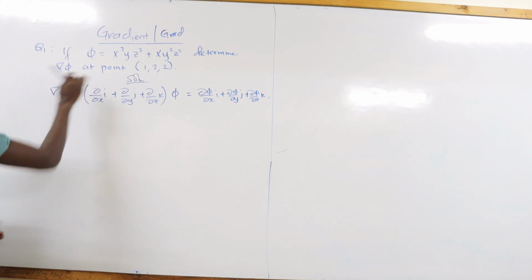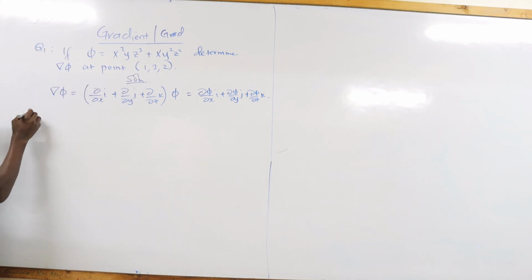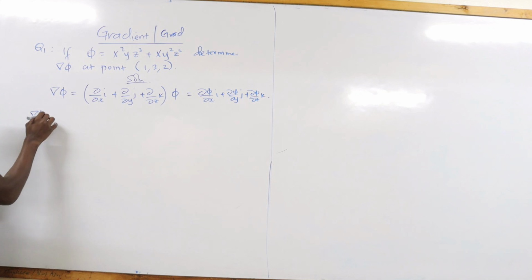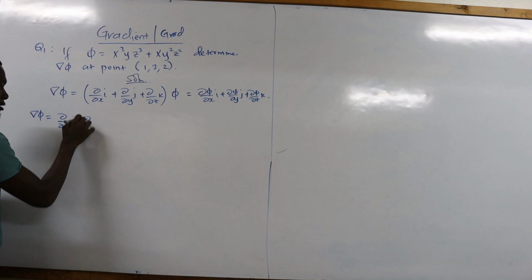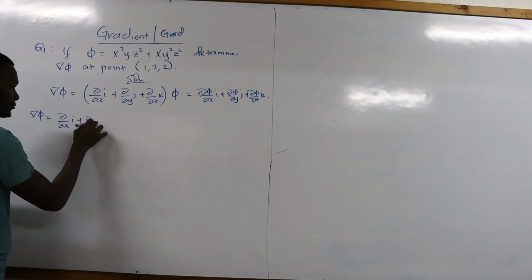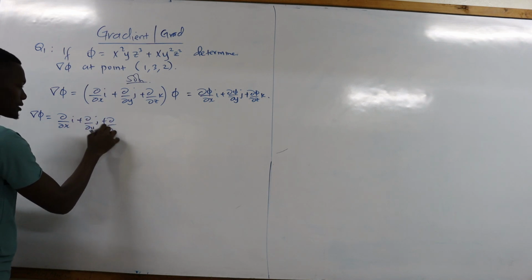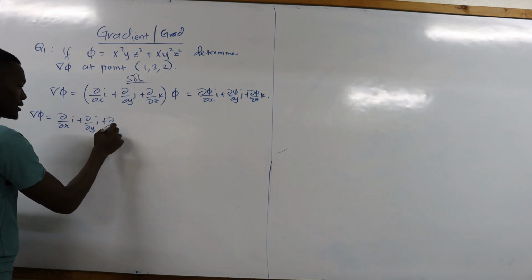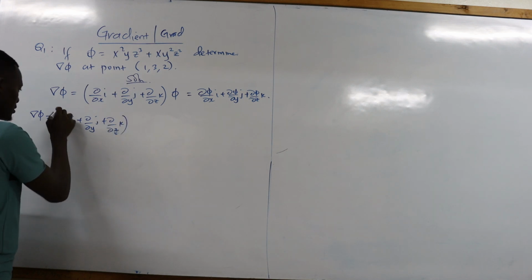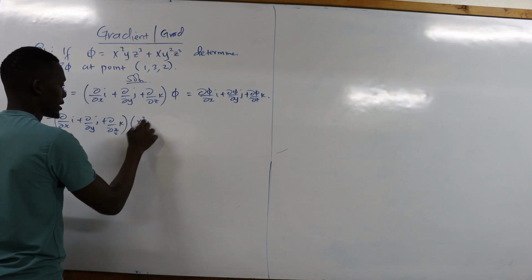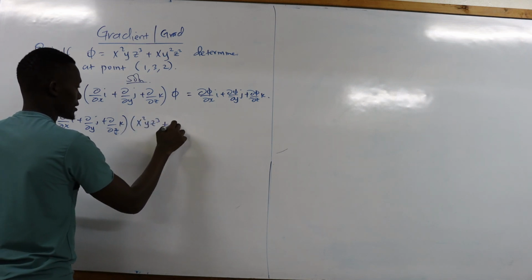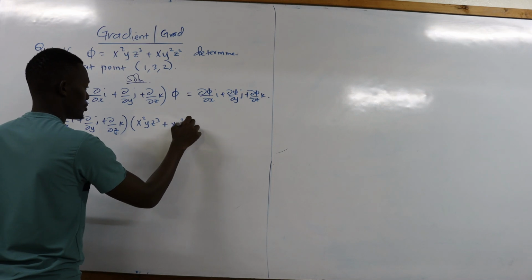So we have our function here. So for instance, I'll just write the representation of d phi so that we really get it: d phi dz k, then I have my function, which is x squared y z cubed plus x y squared z squared.